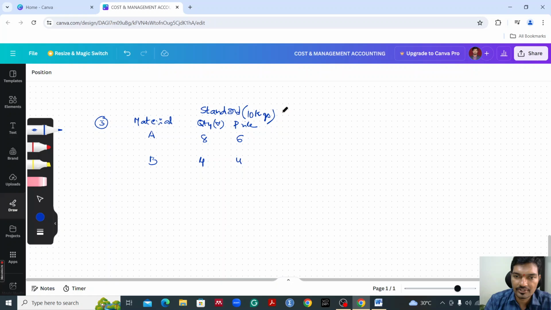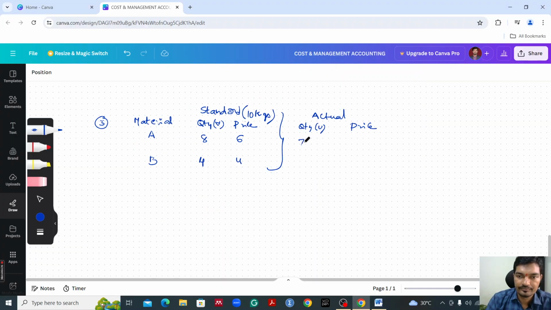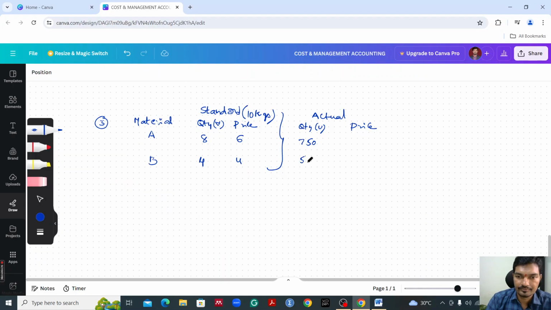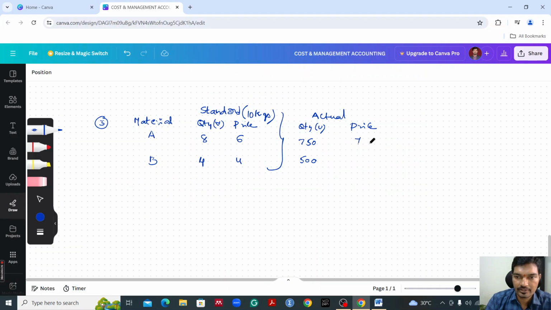This sum I'm just writing here, and the actual information: actual quantity, again in terms of units, and actual price. 750 and 500 kgs, price 7 rupees, 5 rupees.